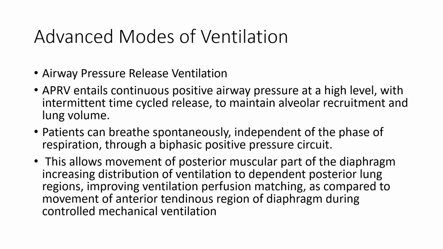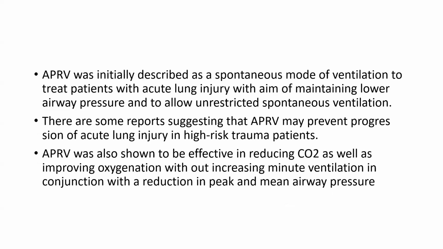This allows the movement of the posterior part of the diaphragm, increasing distribution of ventilation to the dependent posterior lung region, improving ventilation-perfusion matching as compared to the movement of the anterior tendinous region of the diaphragm during control mechanical ventilation.